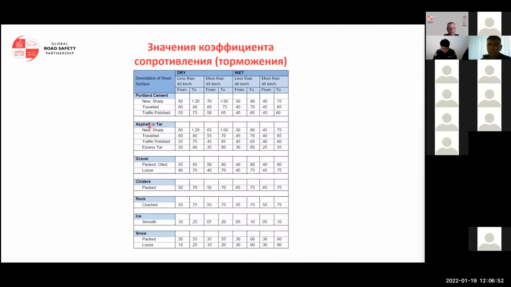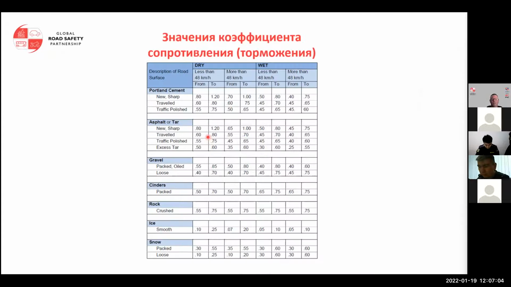In New Zealand, we have a lot of asphalt and tar. A new one, same value as concrete. A travelled road, so a few years old, 0.6 to 0.7. If you think about the average of those two, 0.6 to 0.8, the average is 0.7, that value that I just mentioned.